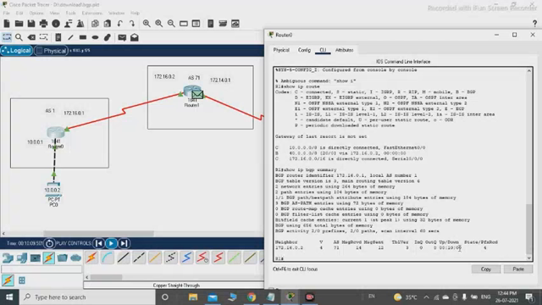We can also find the up/down time of the session as it is traveling through the path, and we can get to know the protocol and the BGP status.